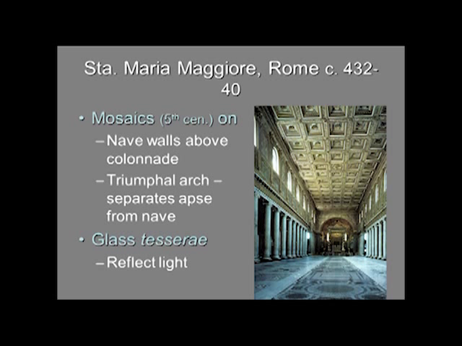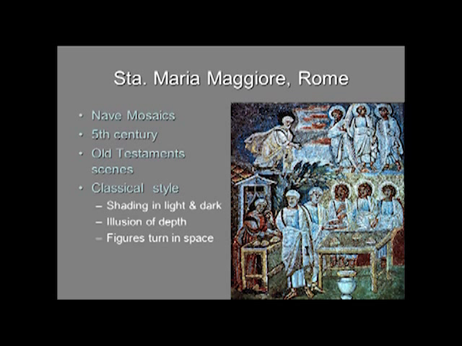And the second set is on the triumphal arch, or the arch that separates the apse from the nave. And these have scenes of the infancy and childhood of Christ. So first let's look at some of the Old Testament scenes.